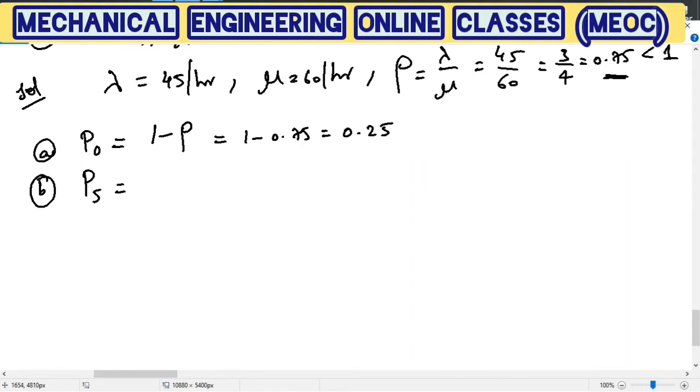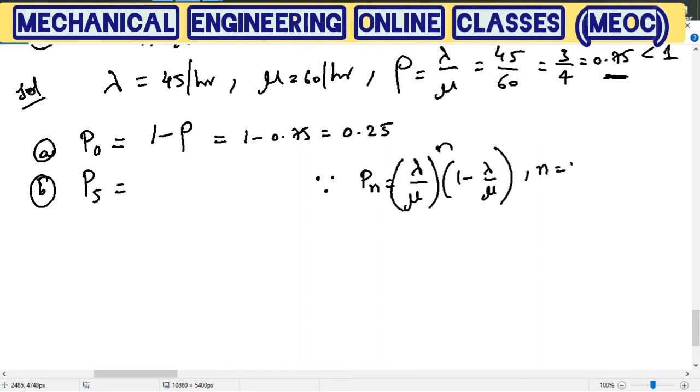I'll write the whole formula here. Pn is lambda by mu whole power n into 1 minus lambda by mu, and even for 0 we get the answer from here only.